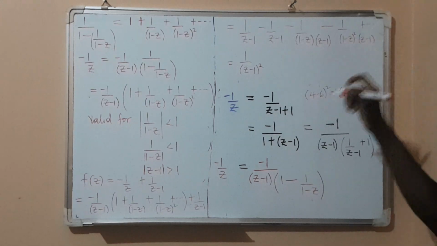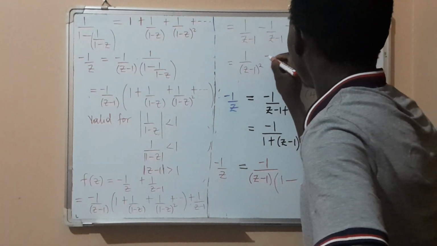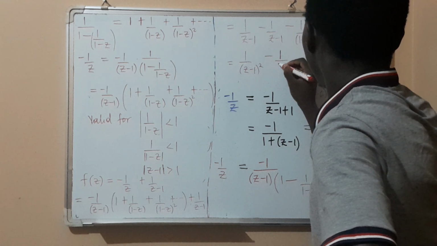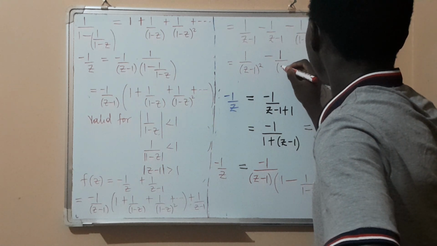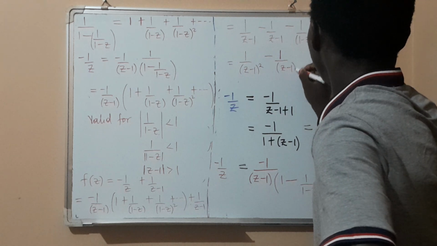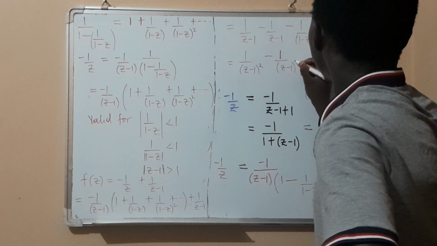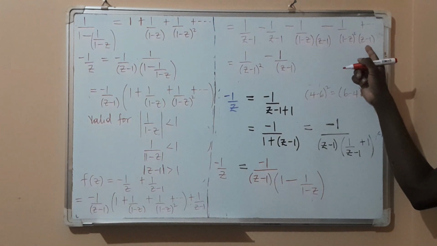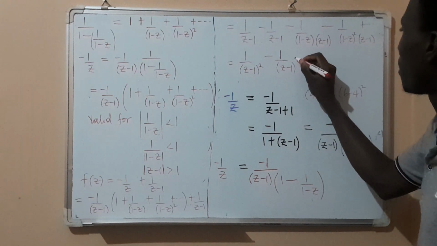So this is the same as negative 1 over z minus 1 squared, then multiplied with this, so that is power 3.